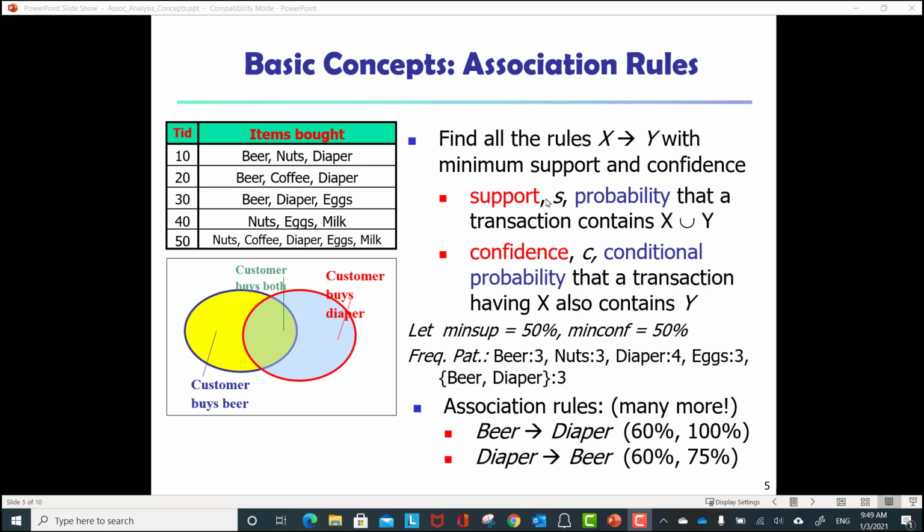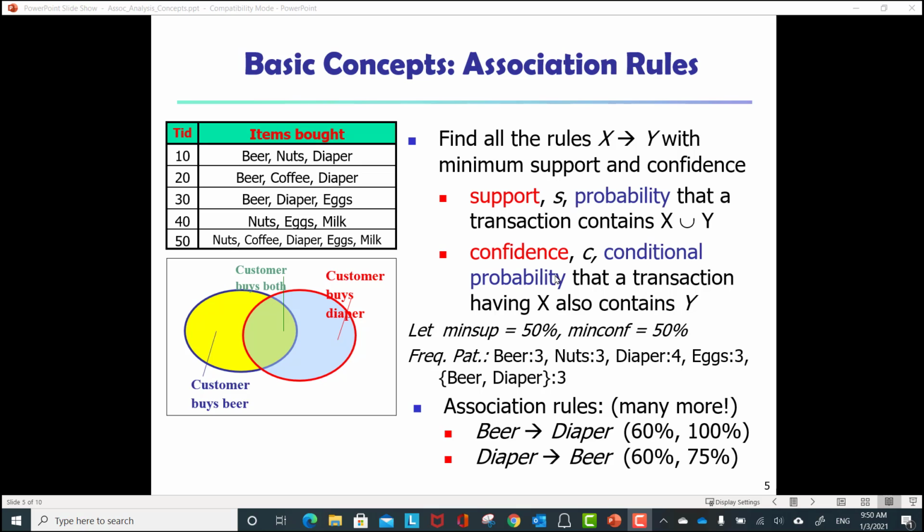Support, we already know what support is, basically the number of occurrences. Support is the probability that a transaction contains X union Y. Confidence, C, is the conditional probability that a transaction having X also contains Y.